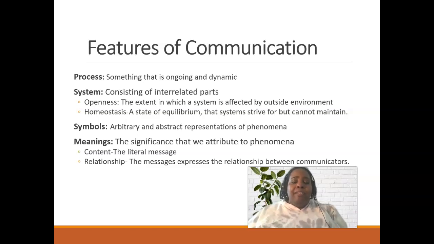We're trying to find homeostasis maybe in emotions, or making sure that we're heard or making sure that we are understood. In the attempt to get homeostasis, we employ different types of communication strategies in the form of symbols and meanings.